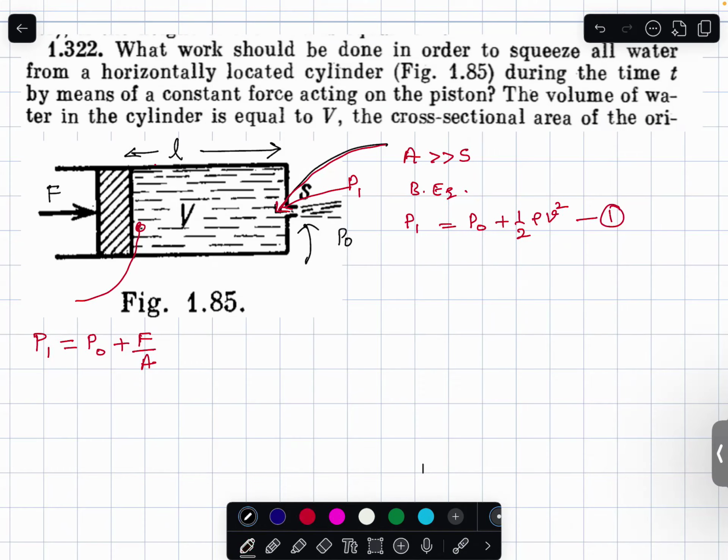Which means P naught plus F by A is, F by A is half rho V square. Now I clearly got an idea about F. Right.